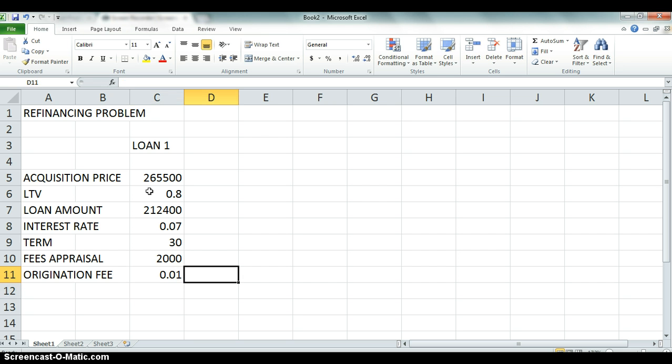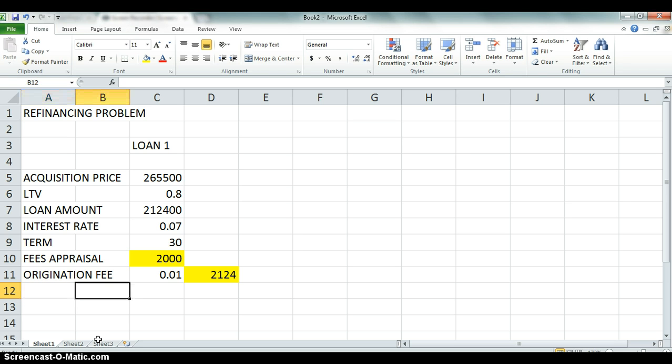So in this case, the origination fee equals the loan amount times 1%. These two values right here were out of pocket, so we're going to mark them in yellow.